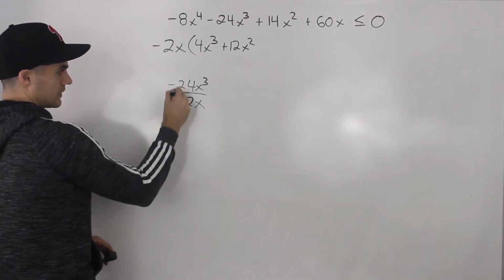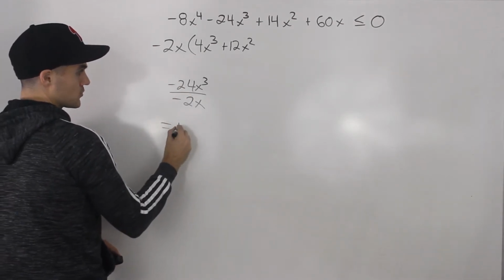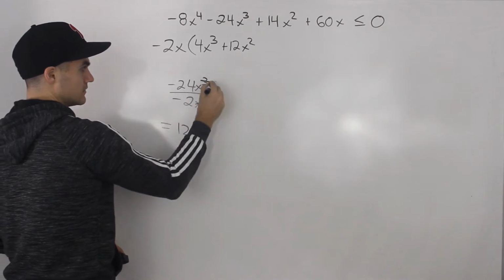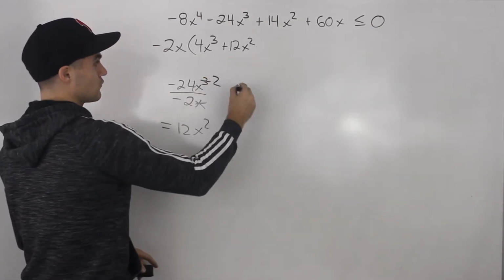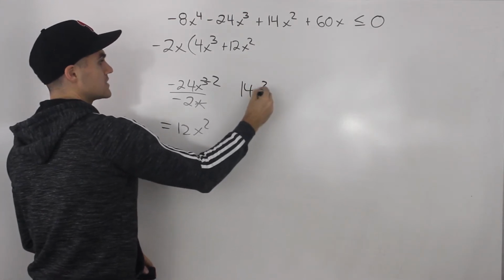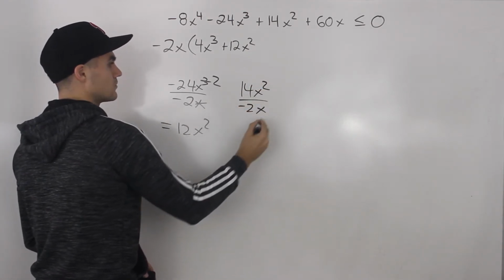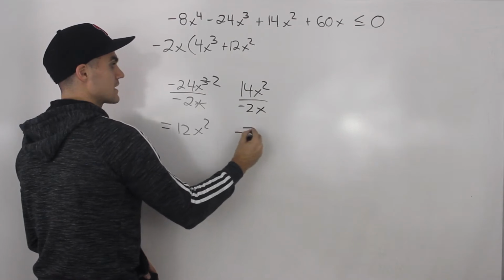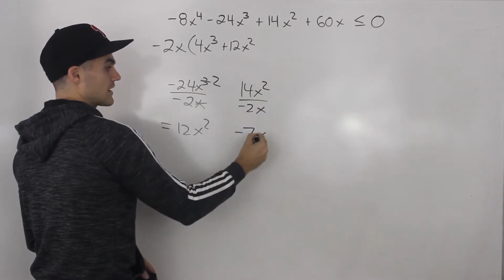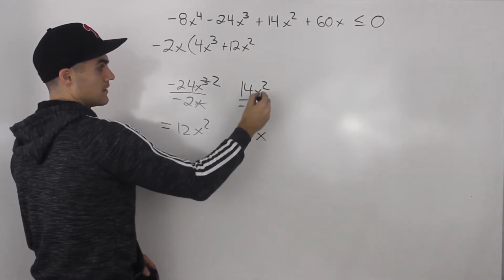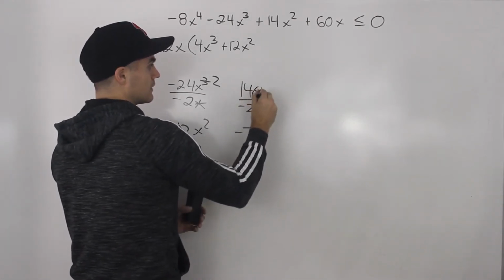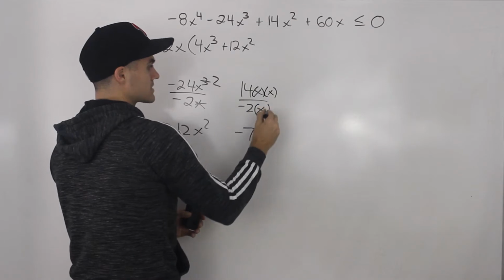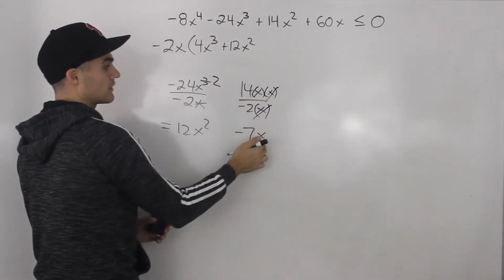Negative 24 divided by negative 2 is 12, and then x squared left, right? So 14x squared. If we take out a negative 2x, what happens? 14 divided by negative 2 is negative 7, and we're left with an x at the top, right? There's two x's at the top here, and one x at the bottom, so that means we have one left at the top.